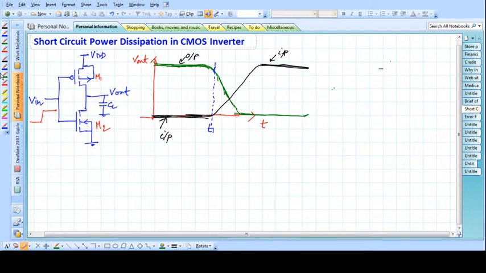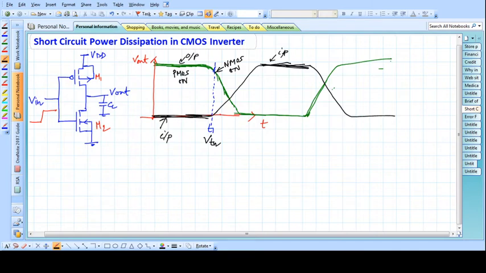If we extrapolate this, what we have observed is that at time t equals t1, when the input is VTN, the NMOS is on, and the PMOS is on.